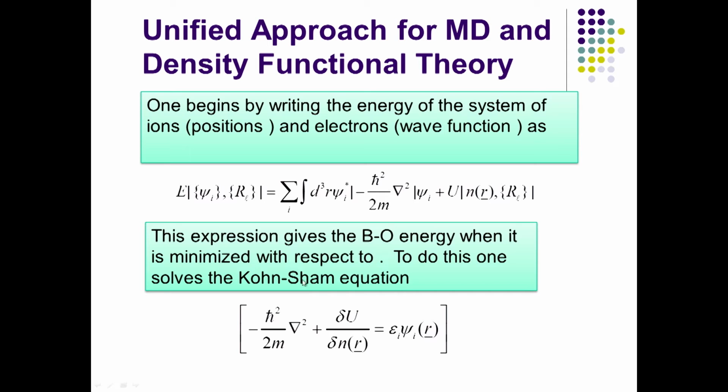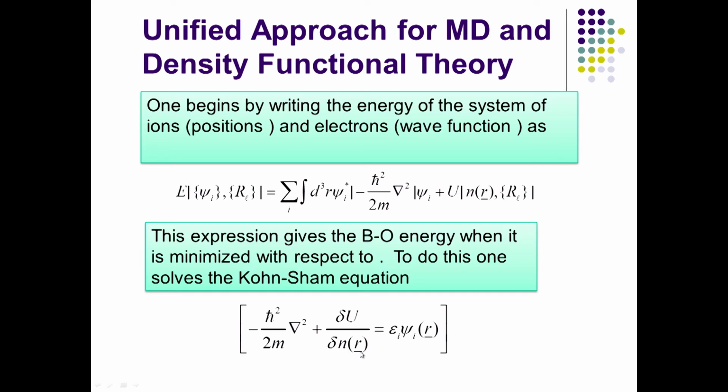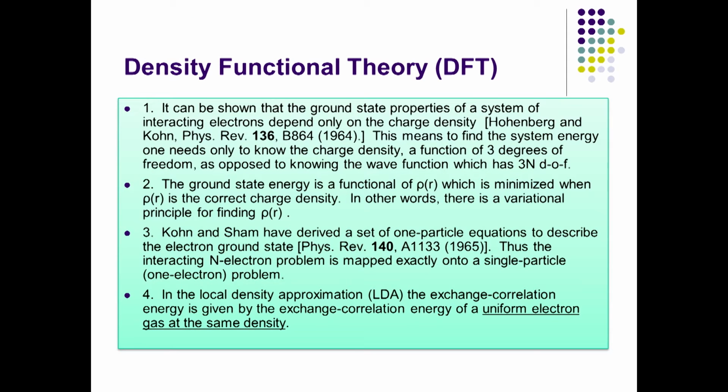To do this, one has to solve the Kohn-Sham equation, which gives you an equation that allows you to optimize the location of r. As you know from our previous approximation, the ground state energy is a function of rho(r), which is minimized when rho(r) is the correct charge density.